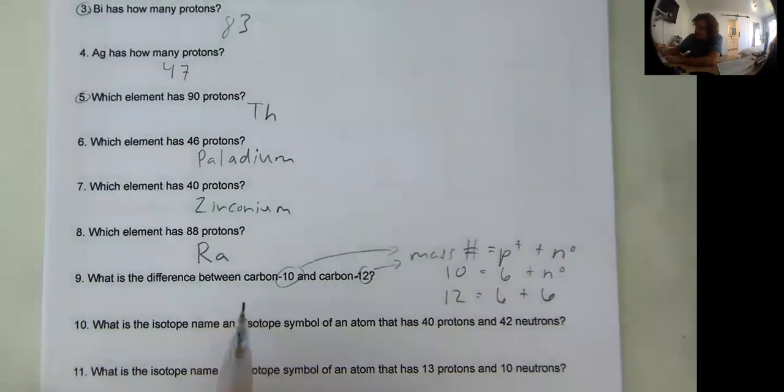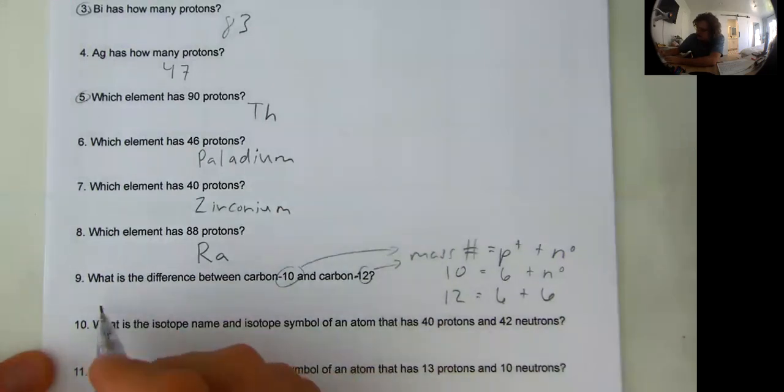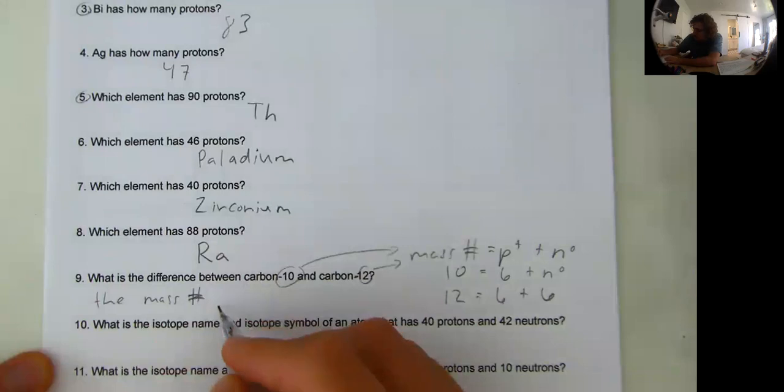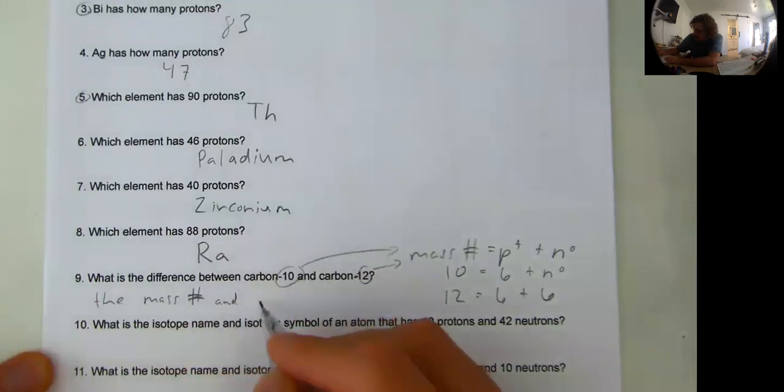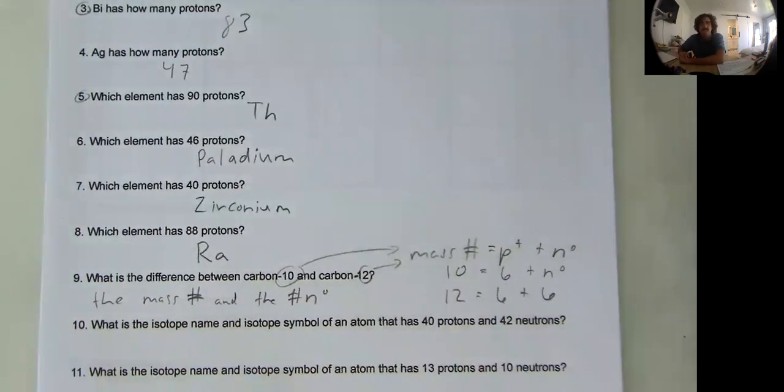So the difference between carbon-10 and carbon-12, you can say the difference is the mass number and the number of neutrons. Okay. These are called different isotopes of carbon.